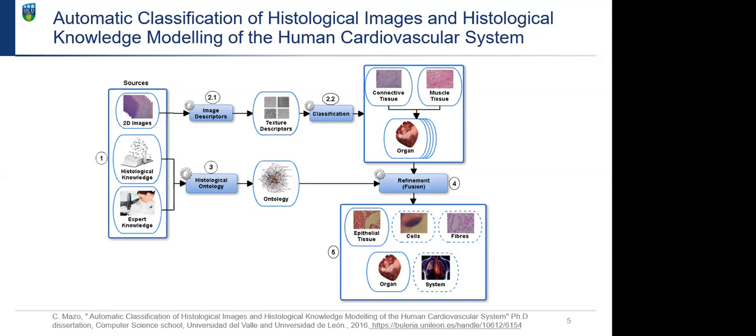So on the other hand, we have the modeling using an ontology. This ontology is a way to model human knowledge in a way that the machines could understand it. And that is useful to communicate specifically, clearly, and precisely concepts.